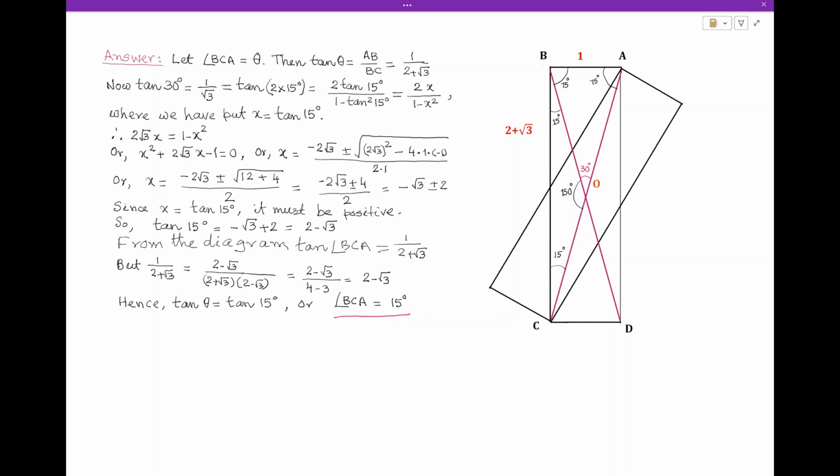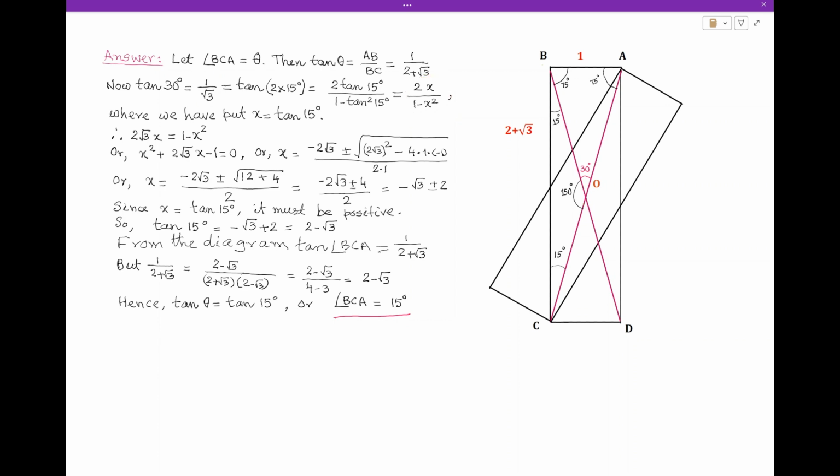Now, if we call tan 15 degree as x, we get tan 2 into 15 degree is equal to 2x divided by 1 minus x square. So, we get 1 by square root of 3 is equal to 2x divided by 1 minus x squared.